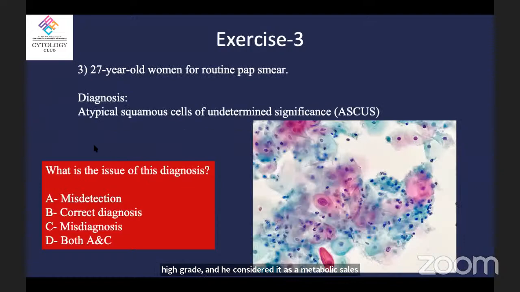Now we'll go to the next question. A 27-year-old woman for a routine Pap smear. The diagnosis of the cytoscreener was atypical squamous cells of undetermined significance, ASC-US. So what's the technical issue? Misdetection, correct diagnosis, misdiagnosis, or both?